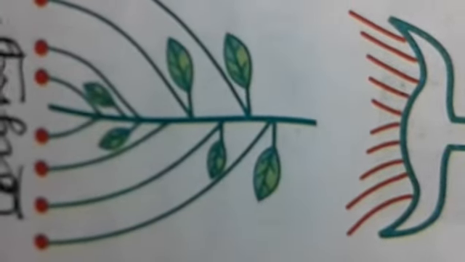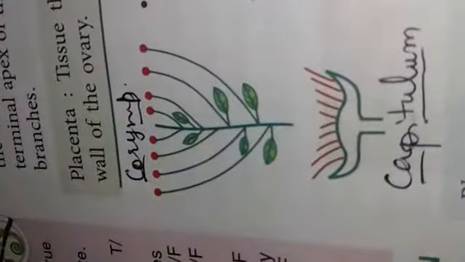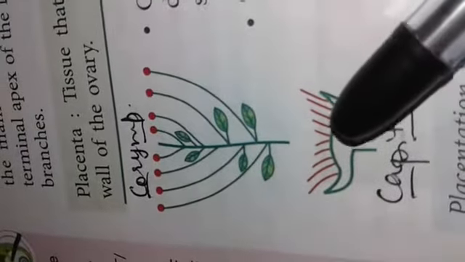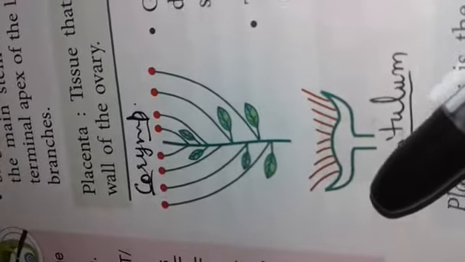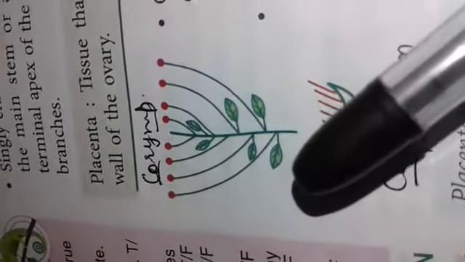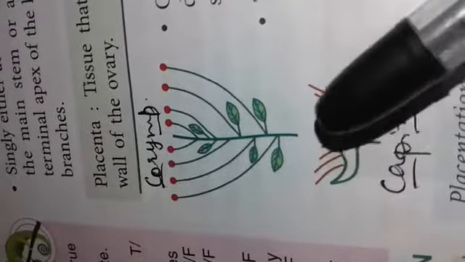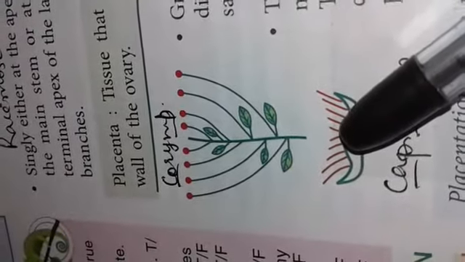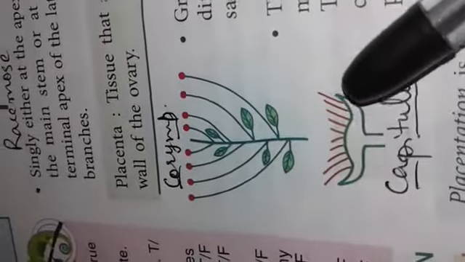For example, sunflower and marigold. Or in simple words, the axis is flattened like a disc and the flowers are arranged in such a way that the youngest flowers are in the center and the oldest at the periphery. Periphery means at a corner.